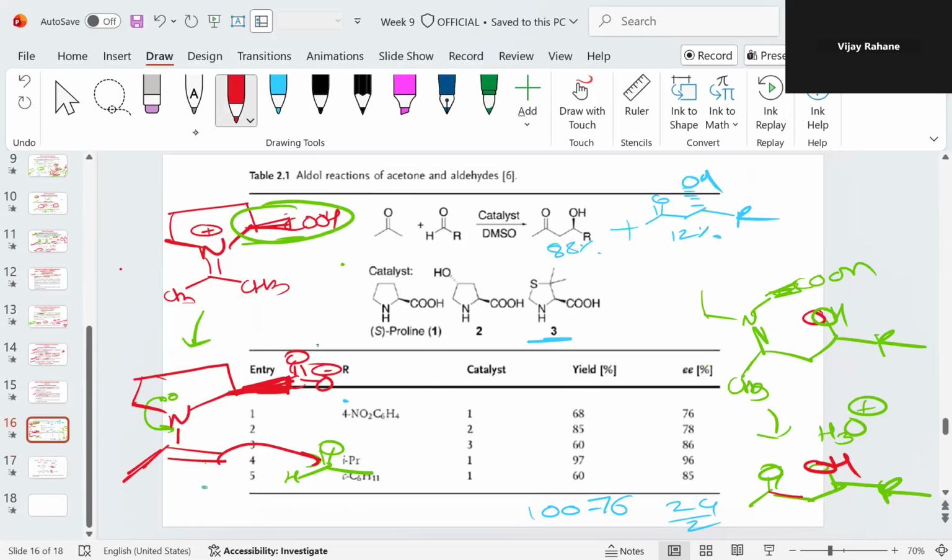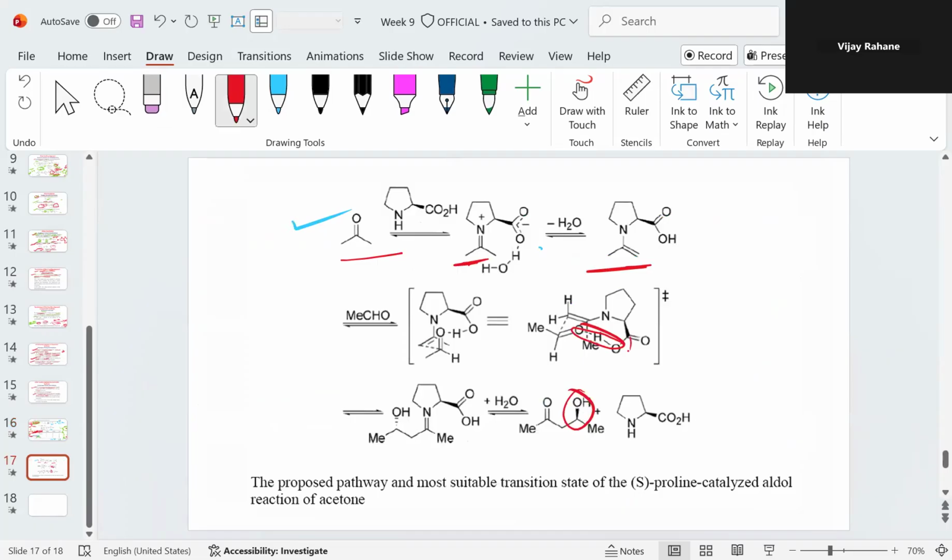Okay, I forgot to mention here in the last step, the attack of this electrophile does not take place from the side of the bulkier group. Since I have the COOH group, that is the acid group, in that case it will be opposite, mainly because of this hydrogen bonding.